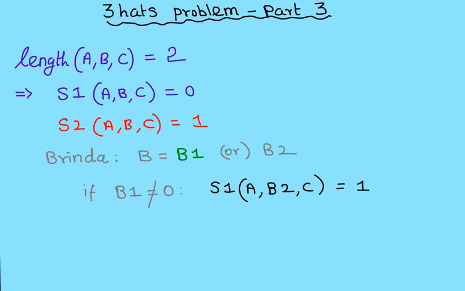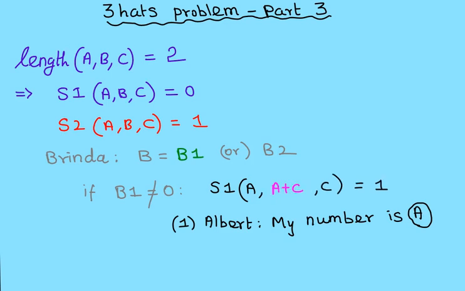But that means in the first conversation Albert has claimed his number, and that is A. But note B2 is equal to A plus C, which means the final claimed value A is not the sum of the other two numbers. But we have just seen that cannot happen, because when the conversation length is 1, the final claimed number will always be the sum of the other two.